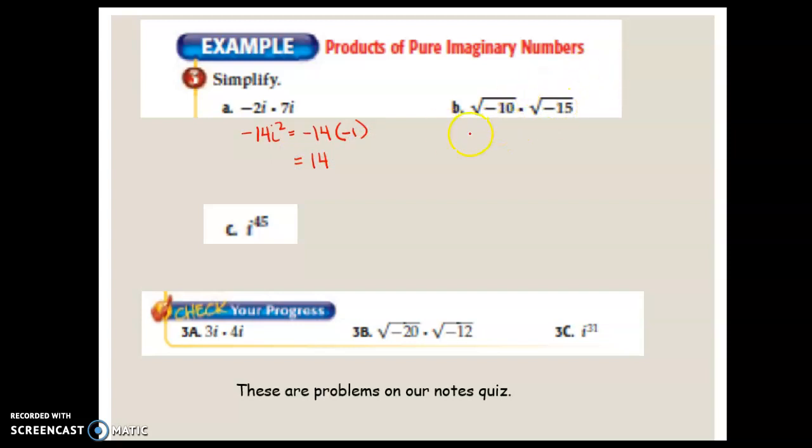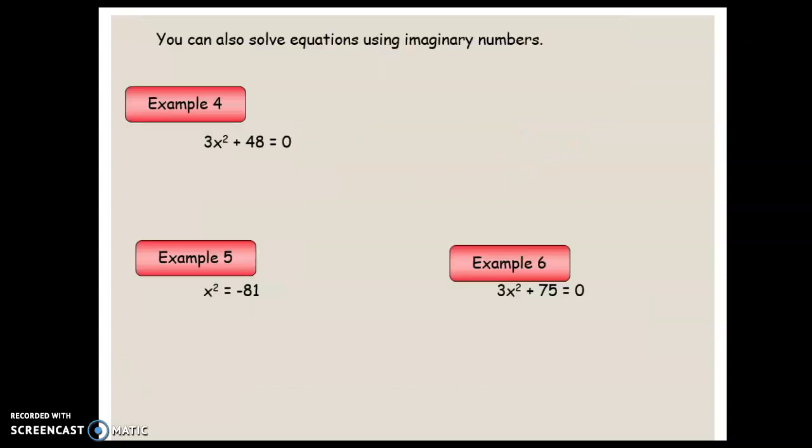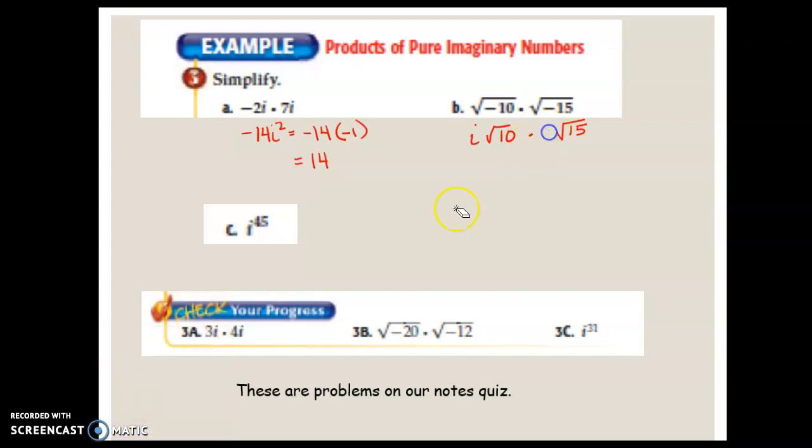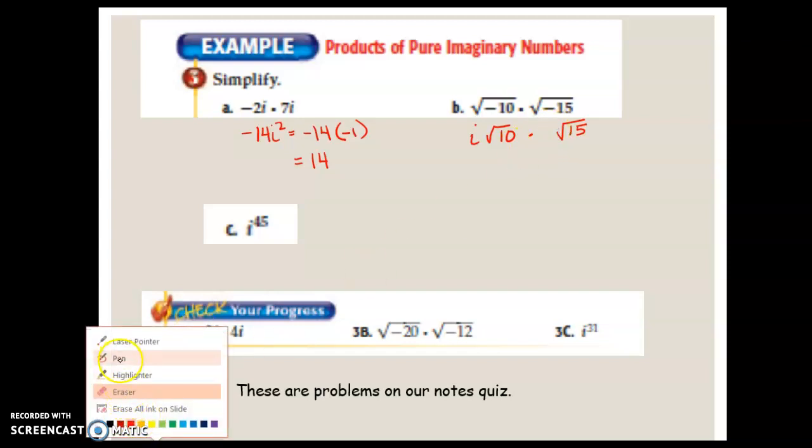-10 times -15. Okay, well that is i times the square root of 10 times i times the square root of 15. Oh, I took the negative. I was confusing myself right there. Sorry. You've got an i times the square root of 15, just like I said.